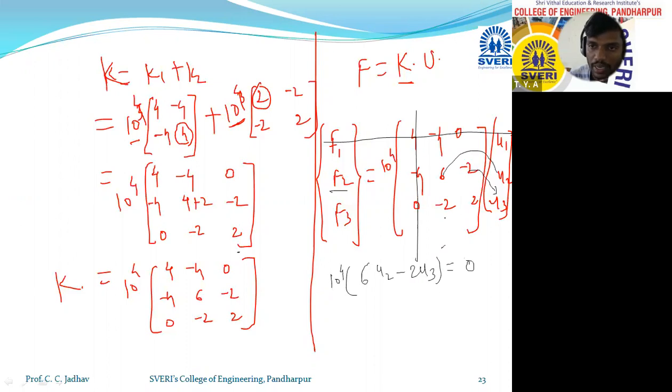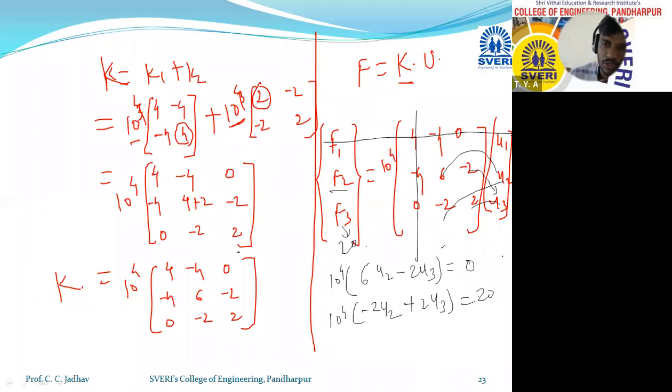Again the second equation: 10 raised to 4, now this -2 into u2, -2u2, plus again 2 into u3 is equal to f3, which is 20, so 20.